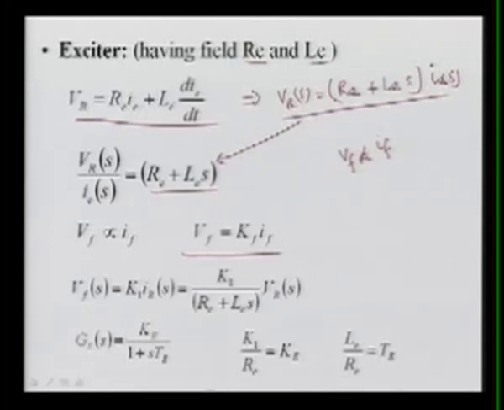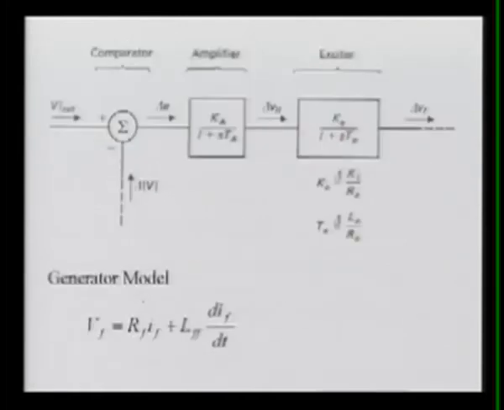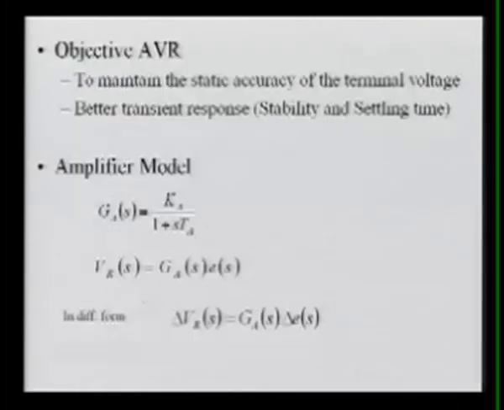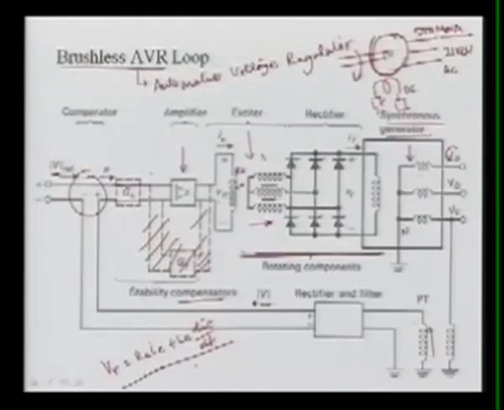Now this VF will be equal to I1 into RF. Why? Coming back to the block diagram, this VF and IF are directly related here. We can relate this VR with this IF, and IF is basically proportional to the VF which is coming here. This time constant is very small, negligible.